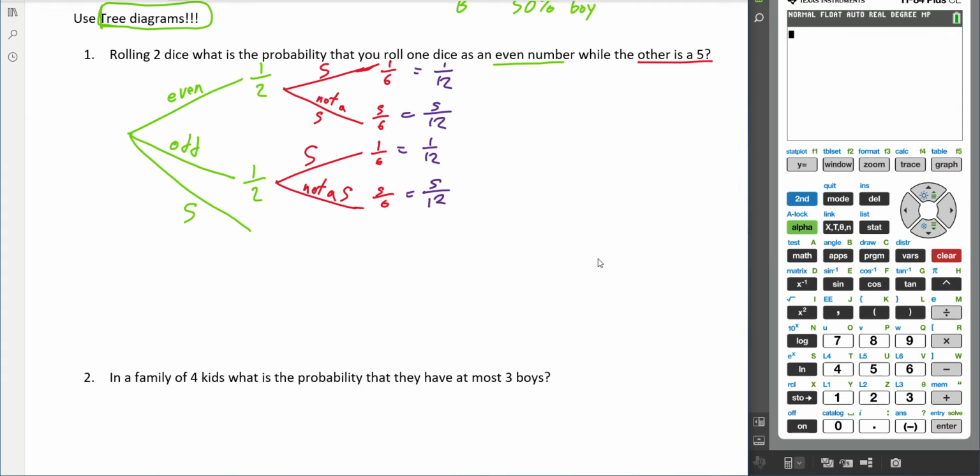Then your second die could be even or odd, so there are actually more possibilities. So this is actually not 1/2; to be more precise, this would be 1/3, and this would be 1/6. And now we can calculate those odds and we get 1/12.